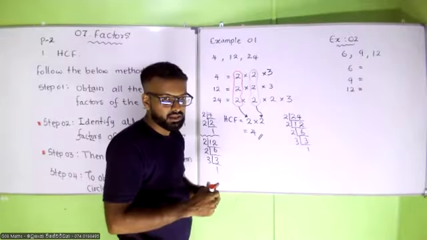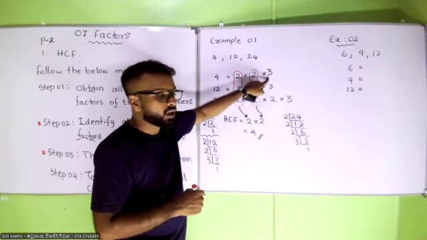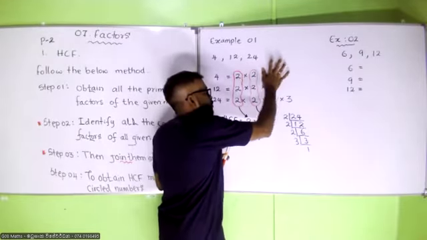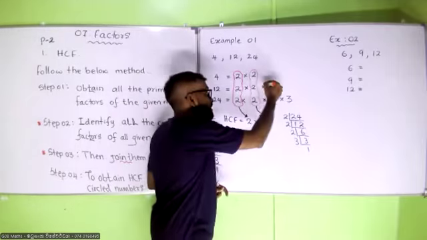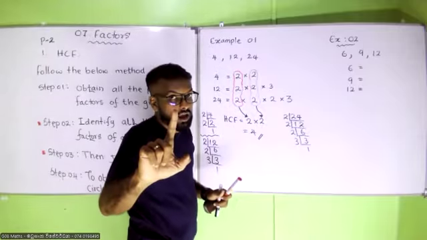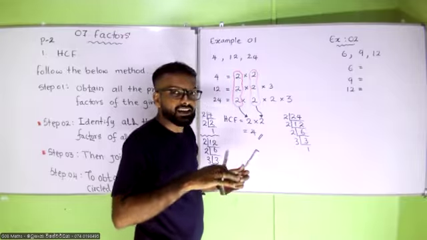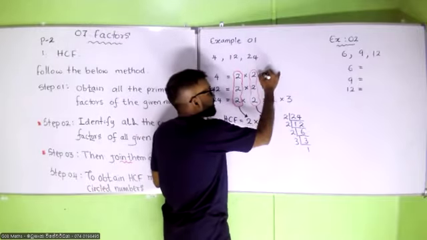If we do not have 3 here, we cannot take 3 as a common factor. Now imagine we had 3 here.